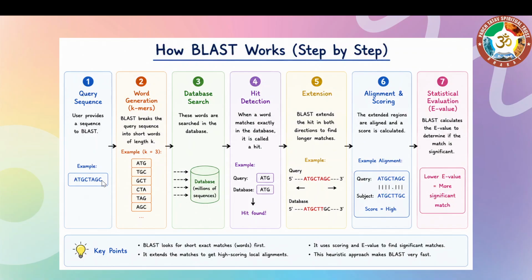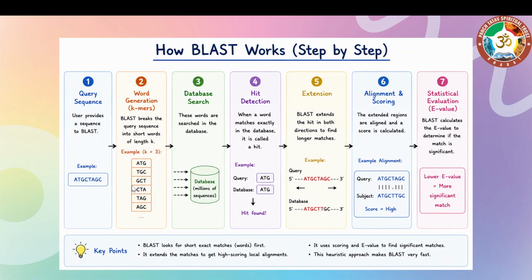Just like we gave the input of our sequence in the Smith-Waterman and Needleman-Wunsch EMBOSS tools, in the same way we give this input, but here we call it a query sequence.